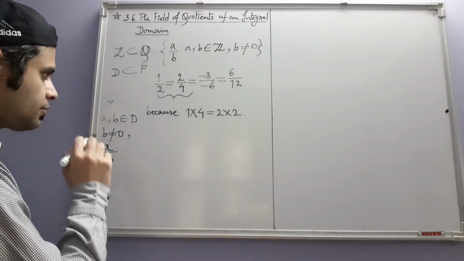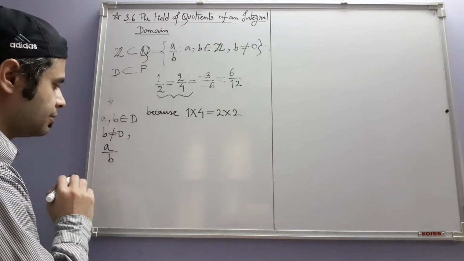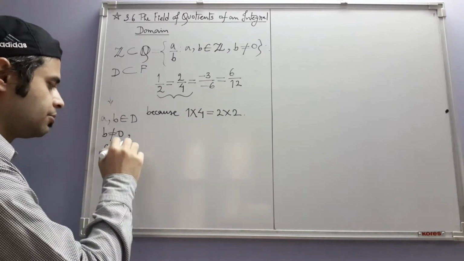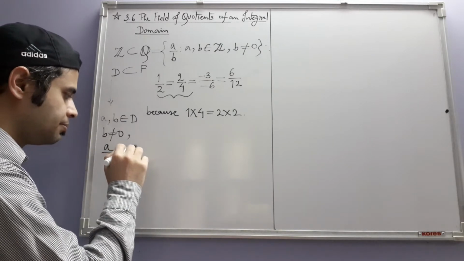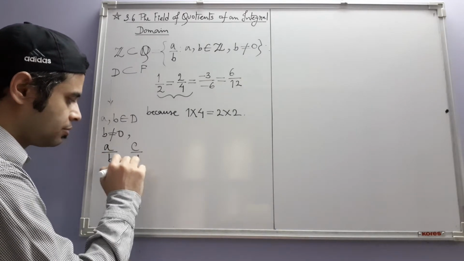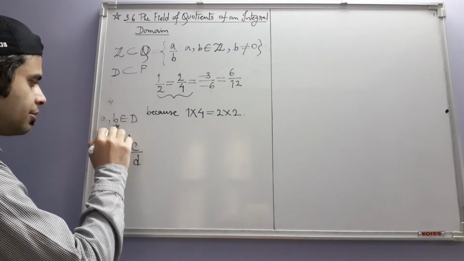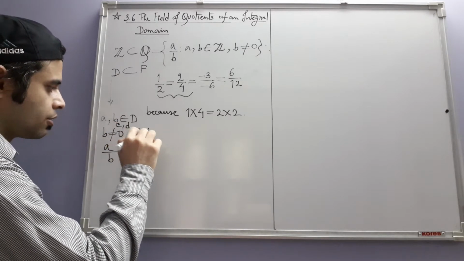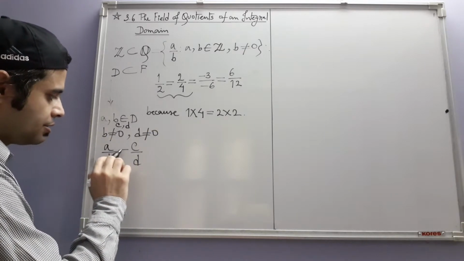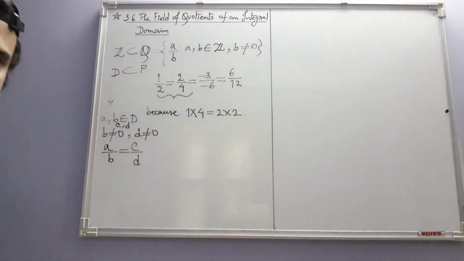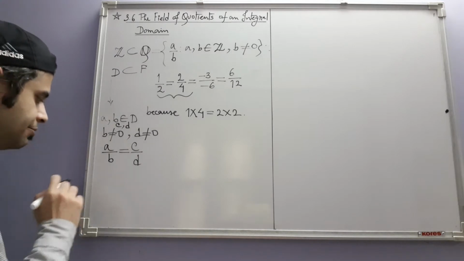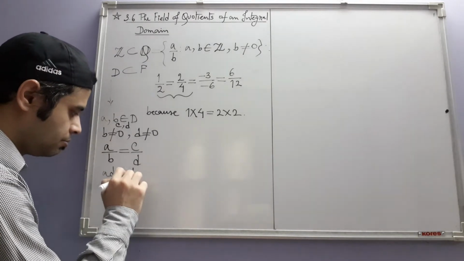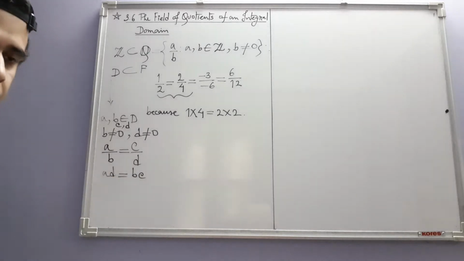Okay. Now one such thing is this one. In this case also, similarly, analogously, if I also have C and D in D, where D is not equal to 0, I will say that two such symbols are equal if AD is equal to BC.